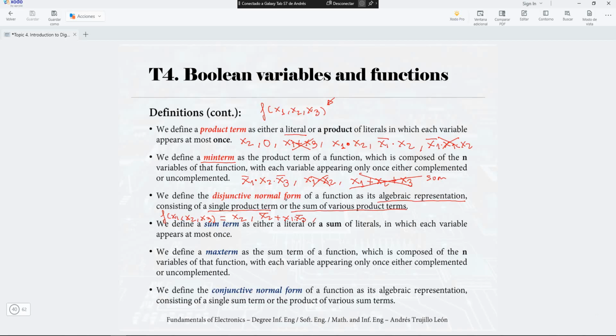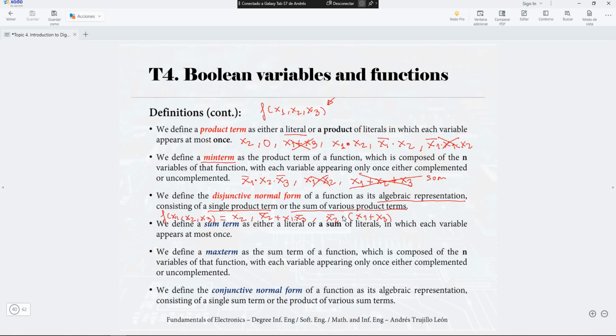And this. Is this a disjunctive normal form? No. And why? Because this is not the sum of various product terms.